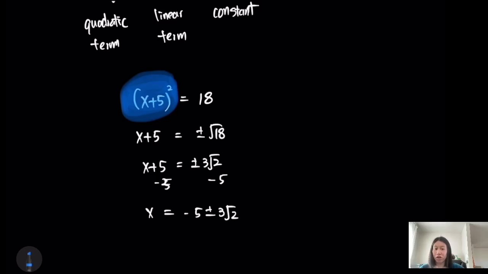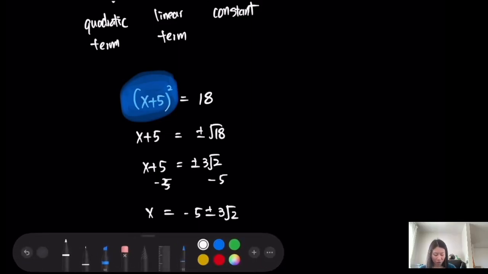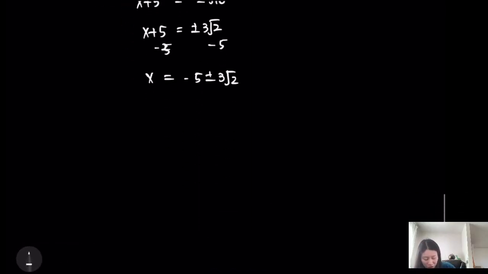So here is the trick. Let me start with an easier one. x squared plus 8x equals 4. But this is not a square, so what do we do?